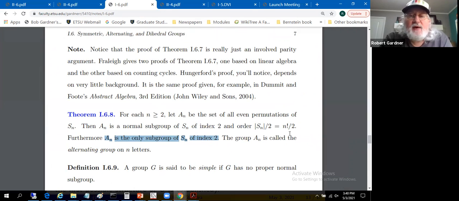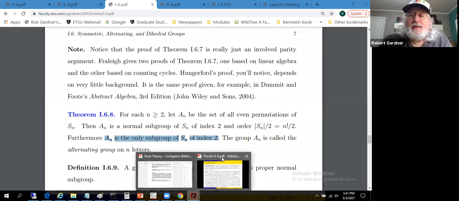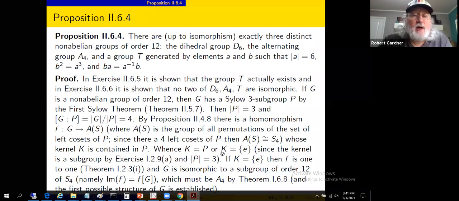That's what we have where n equals 4. So the only subgroup that's half the size of S sub 4 is the group A4. That is, the only subgroup of order 12 of the group S sub 4 is the group A sub 4. So G must be isomorphic to A sub 4, and we're already a third of the way there.